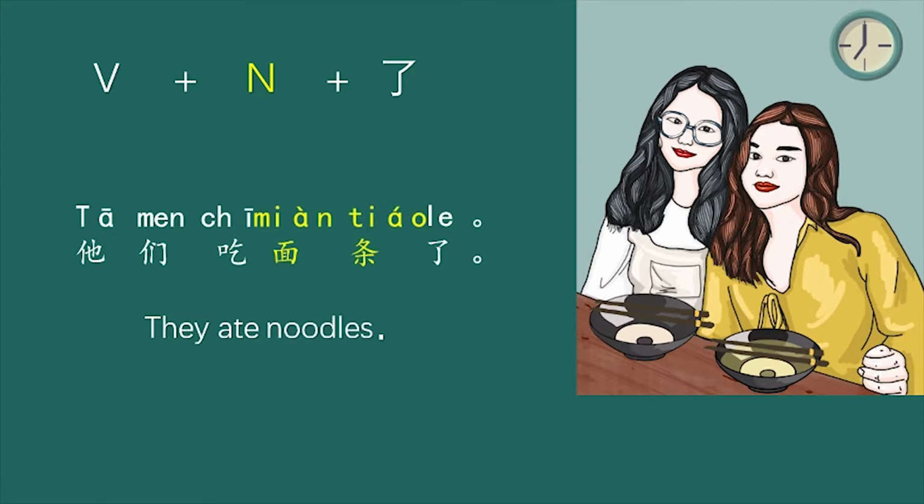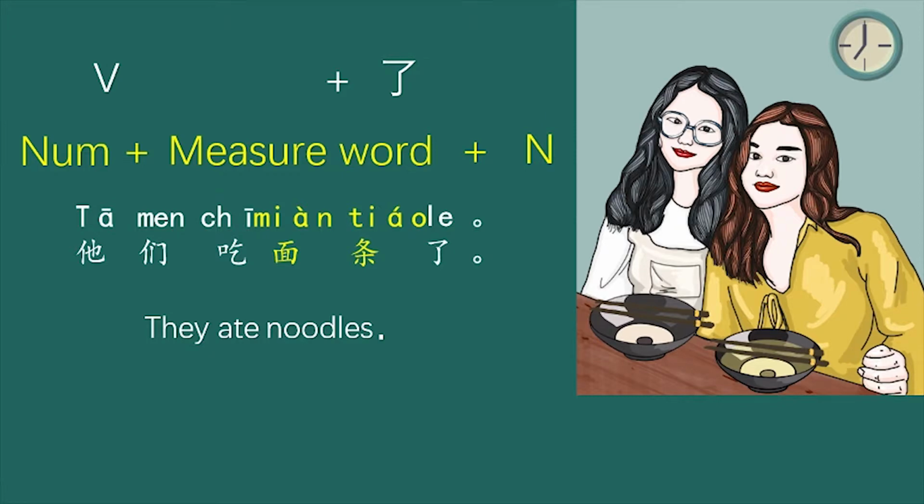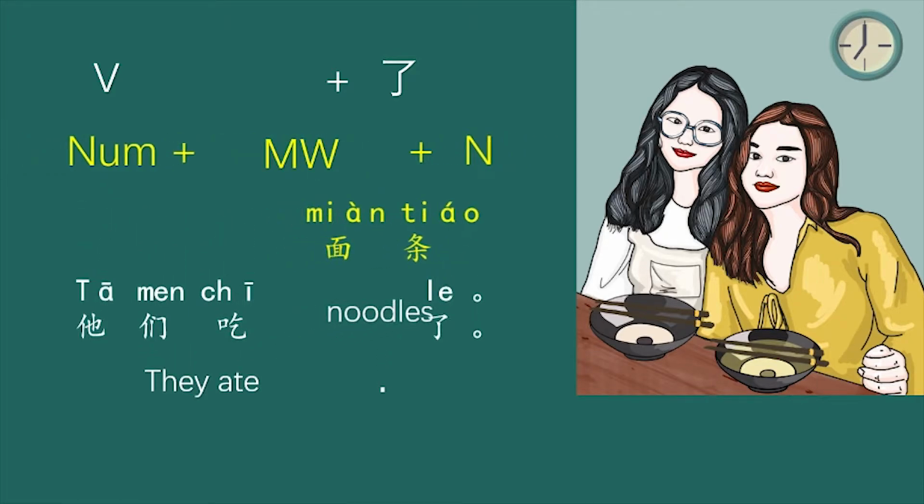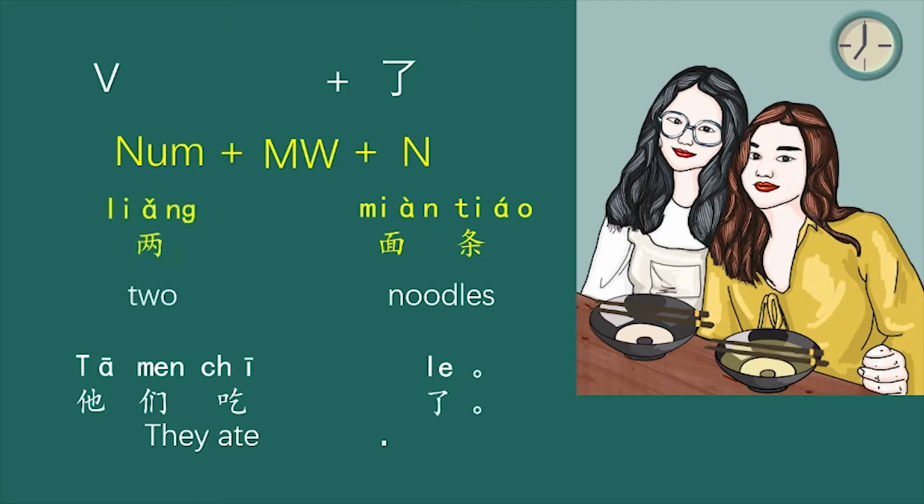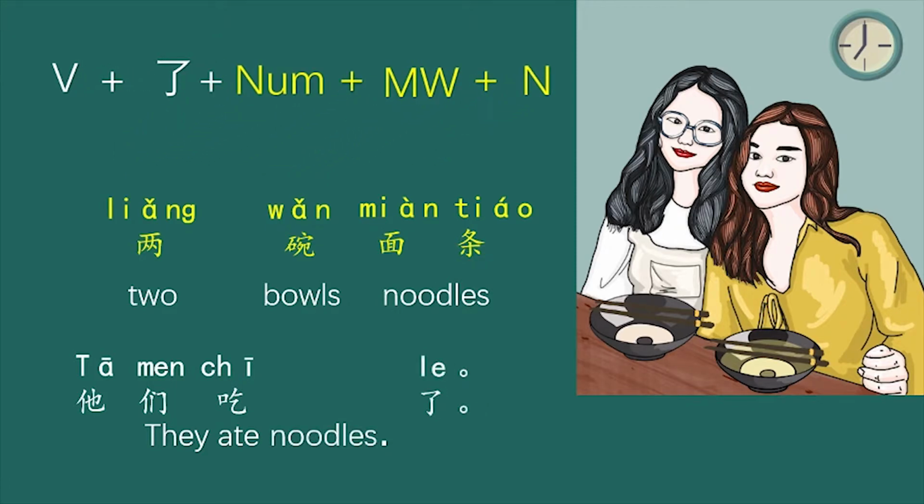他们吃面条了。Number and measure word add noun: 2碗面条.